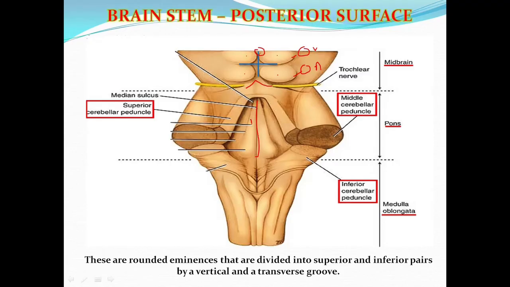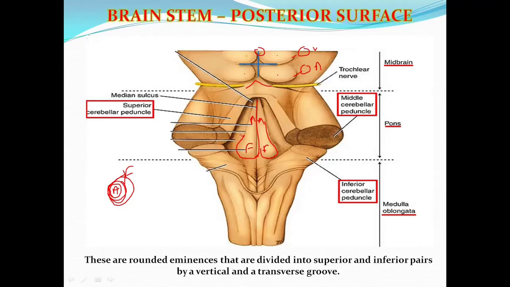Then on either side of the median sulcus I have the medial eminence. This medial eminence comes downwards on the pons as an elevation called the facial colliculus. The facial colliculus has the abducent nucleus, which is wound around by the facial nerve fibres, forming an elevation called the facial colliculus.